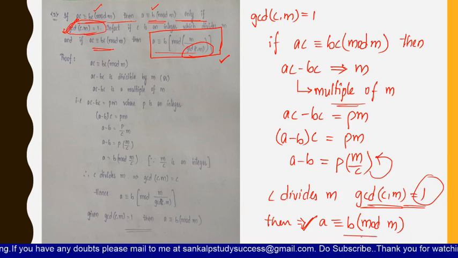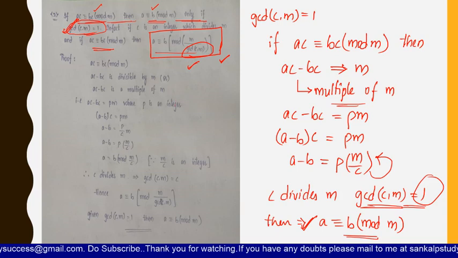A is congruent to B mod M. So in this way you can prove that if AC is congruent to BC mod M, then you will get A congruent to B mod M by GCD of C comma M. If GCD of C comma M is 1, then only A will be congruent to B mod M. Otherwise, you have to substitute the value of GCD of C comma M in this equation. Okay, you are clear, I think so.